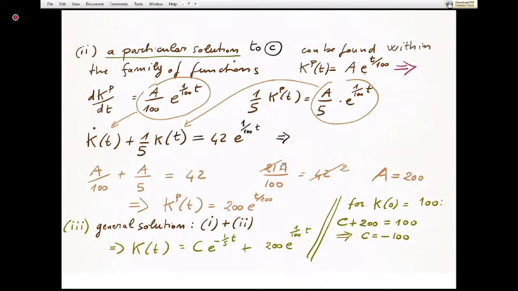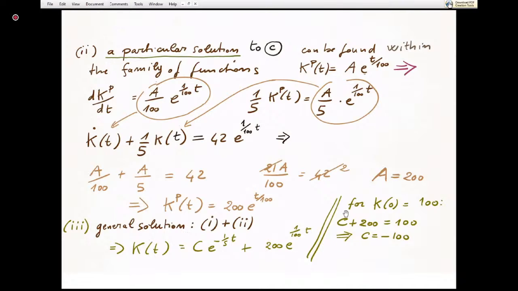So here we have 21A over 100 is equal to 42. So A is equal to 200. And what we obtain is that the particular solution of this family is 200 exponential of t over 100. What is then the general solution? The general solution is the solution to the homogeneous associated system plus our particular solution.